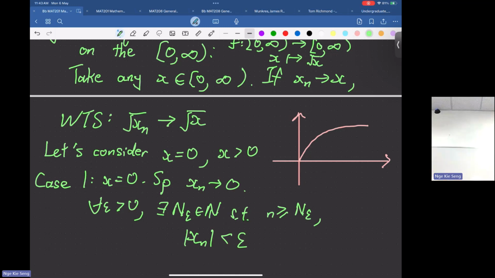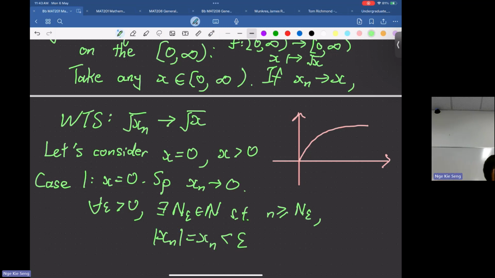But where can you pick this x_n from in this case? Your x_n only lives in the interval from 0 to infinity, so x_n is always positive. So really the absolute value is just x_n itself.